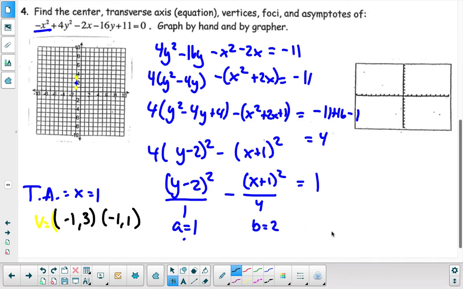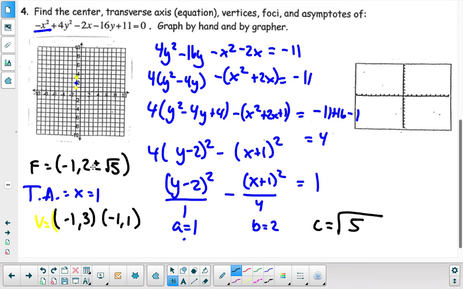Foci, we need to find out our C value. C is the square root of 1 squared plus 2 squared, which is square root of 5. So our foci is going to be -1, comma 2 plus or minus root 5.